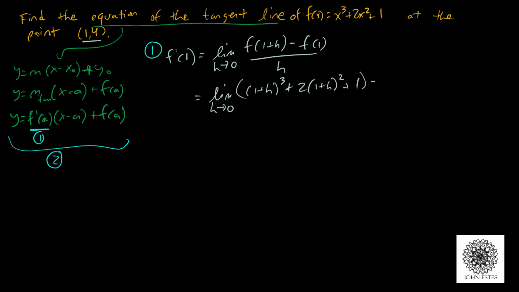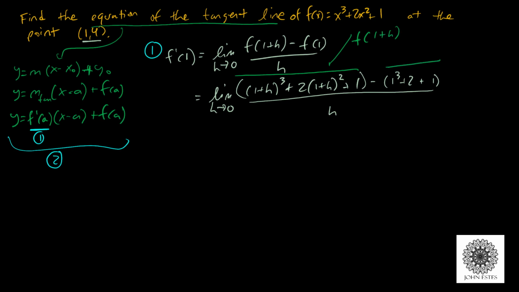All of that minus f of 1, which is going to be 1 cubed, plus 2 times 1, plus 1, all over h. And sometimes it's useful to identify your parts. So here, all of this right there is f of 1 plus h, and this right here is your f of 1, in case you're wondering.